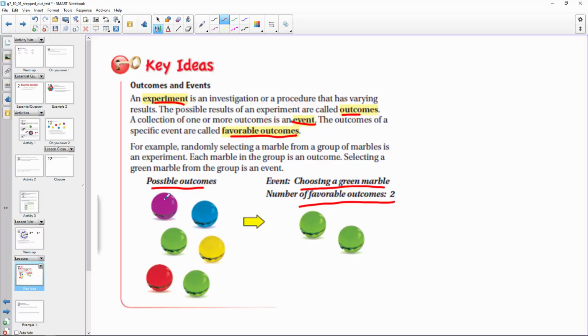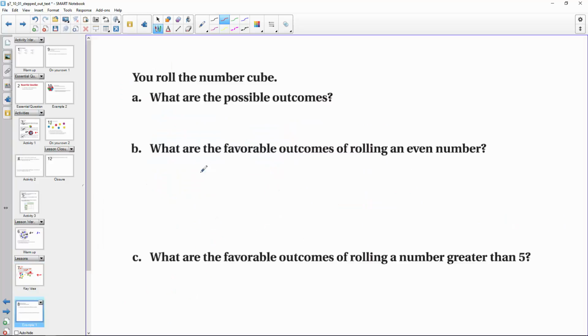If I look here, my total outcomes are 1, 2, 3, 4, 5, 6. That's my possible outcomes. And my favorable outcome, like what I want to have happen here, would be 2 out of 6 for a green. If I change the question and said choosing a blue, now my favorable outcome would only be a 1, right? So just so we understand the terminology.